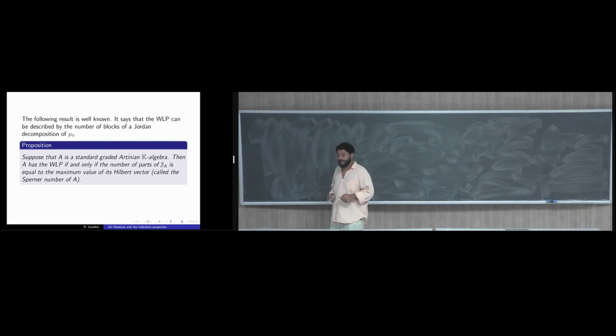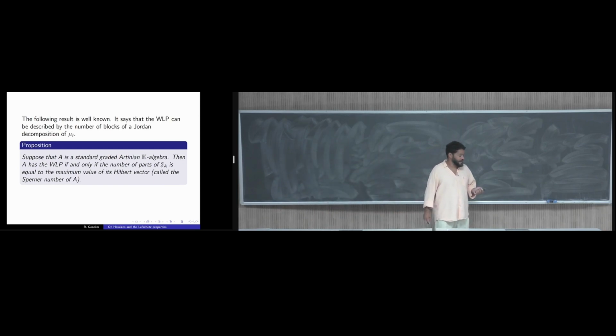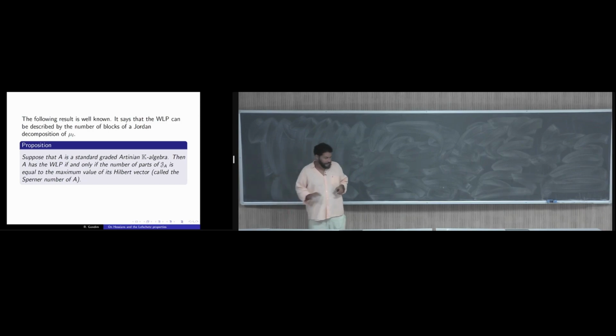I will not prove this result in detail, but the idea is that the number of parts of the Jordan type is always greater than or equal to the Sperner number of A. And we will see, when I introduce an algorithm to compute the Jordan type using these diagrams, why it's always the case.